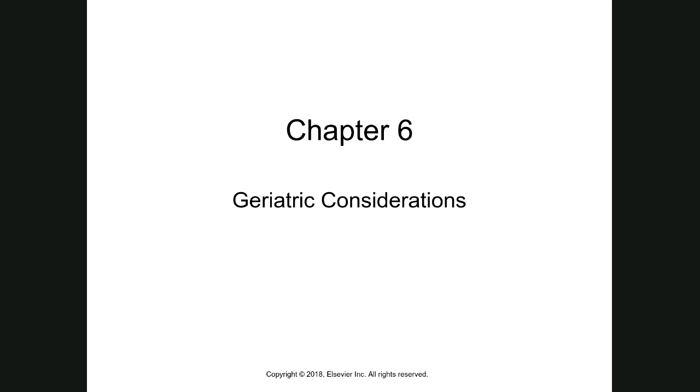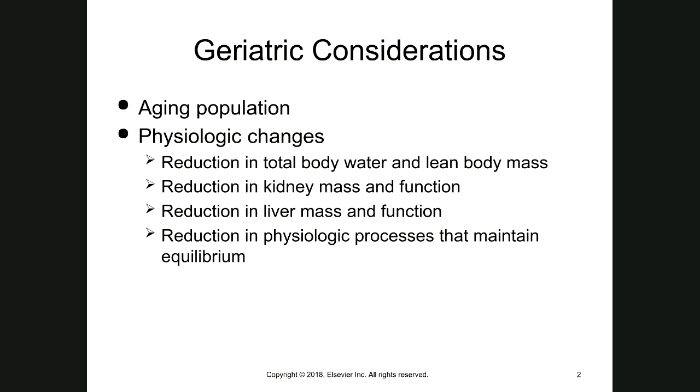Here we consider the aging population, the physiological changes with the reduction in the body water and lean body mass. You have the reduction in the kidney mass and function, the reduction in the liver mass and function, and the reduction in the physiological processes that maintain equilibrium.